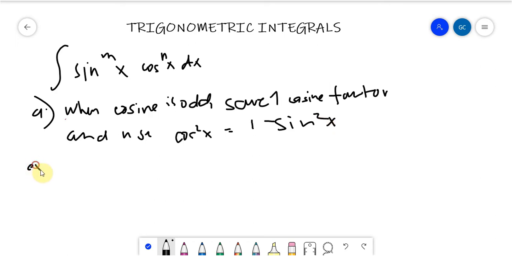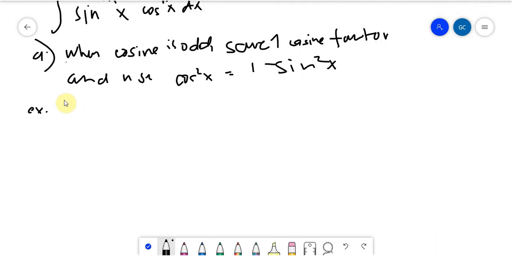Example number 1, example for cosine. What if I have an integral of cosine cubed x dx? The first condition is when cosine is odd, save one cosine factor.